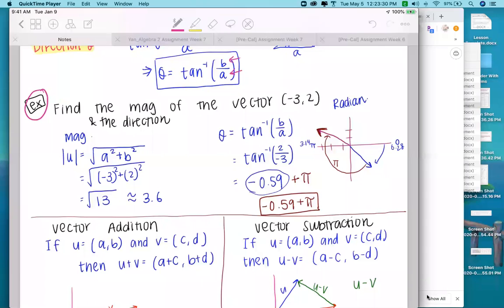Okay, I'm going to write the question again. Number 2 is the magnitude of -5 comma -2.